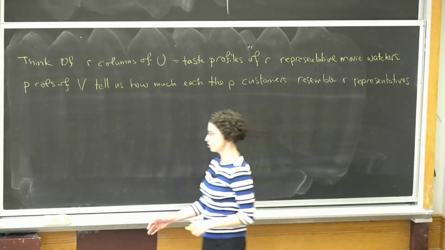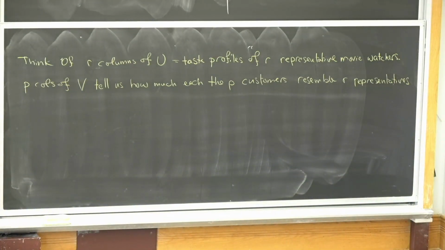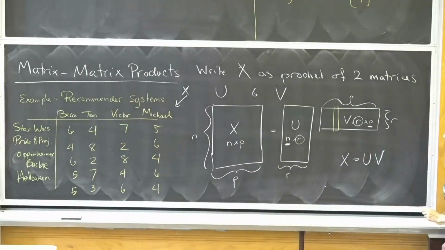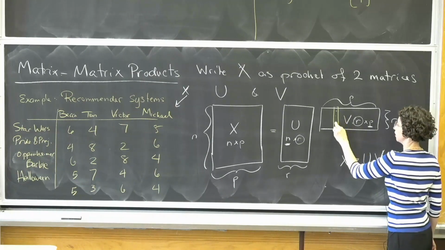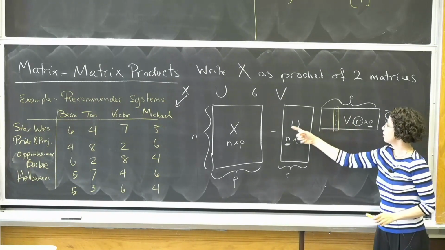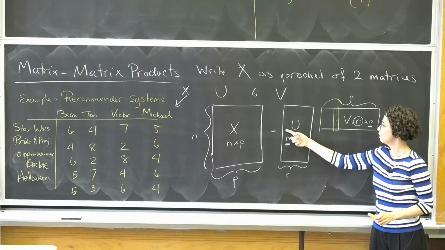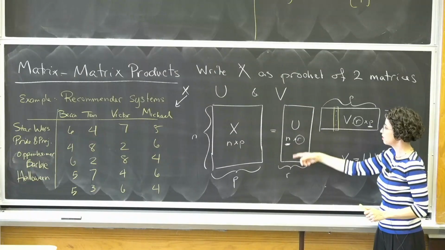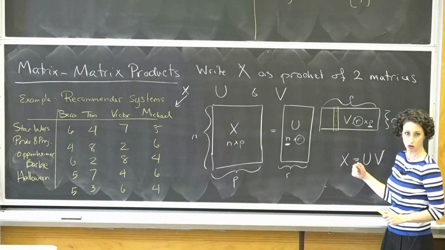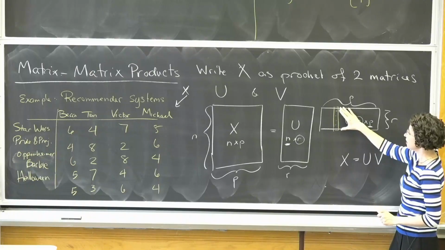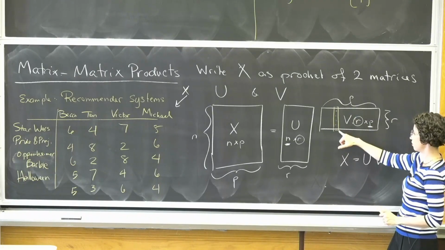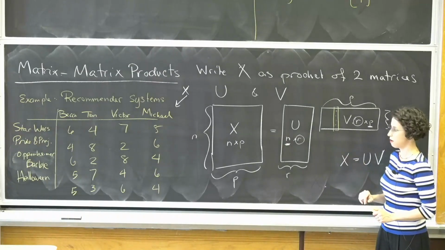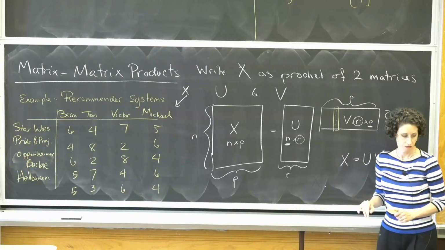So if I'm one of the customers here, sorry, I have to step on the thing to make the camera move. If I'm one of the customers here, then there's R numbers in here, and the first one would tell me how much I'm similar to the first column of U, say the romance lover, and the second number would tell me how much I'm similar to the second column of U, say the horror lover, right? So V is now telling me for each of our P customers, these R numbers tell us how similar we are to each of the R representative columns in U.